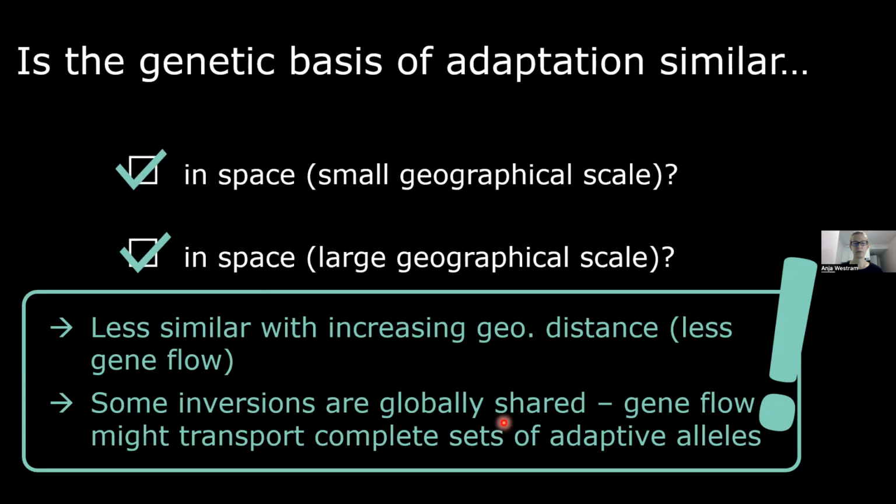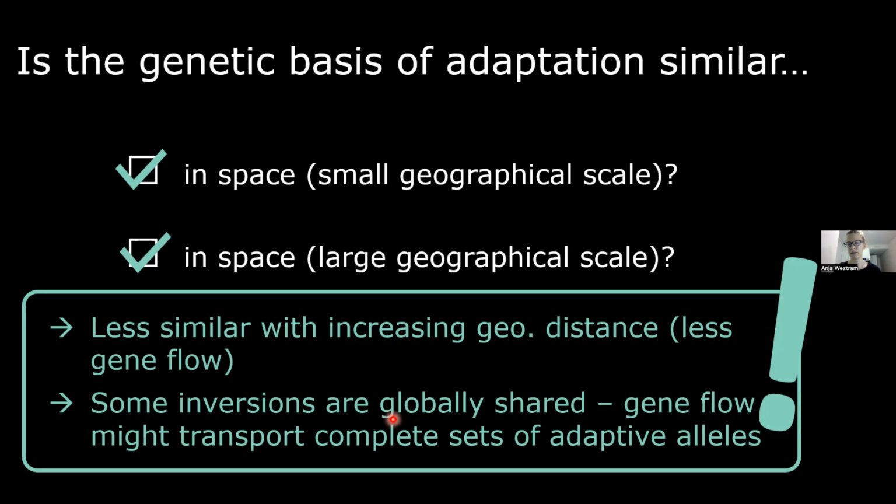So what we found in this part is: is the genetic basis of adaptation similar when we look at large geographical scales? Yes, there is still a sharing of the genetic basis of adaptation, but it decreases with increasing geographical distance. This is not true for some of the inversions. We find that some inversions are globally shared and globally contribute to local adaptation in the system.